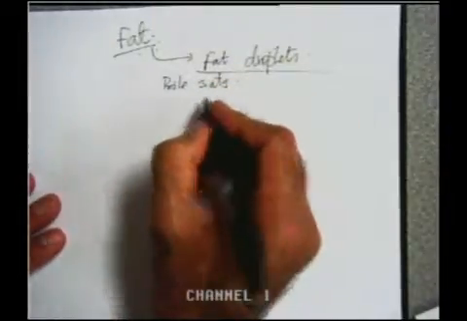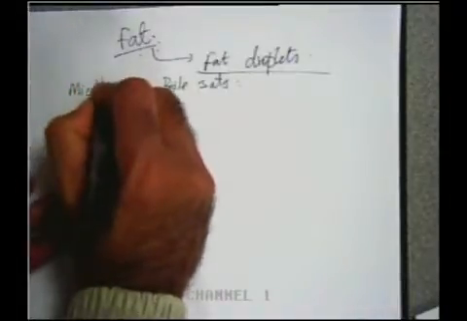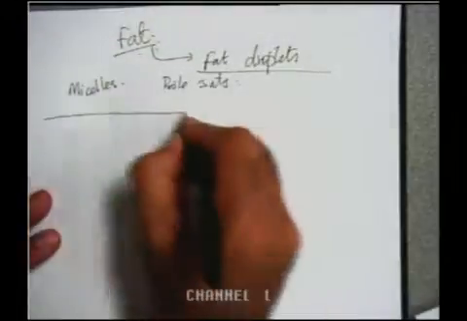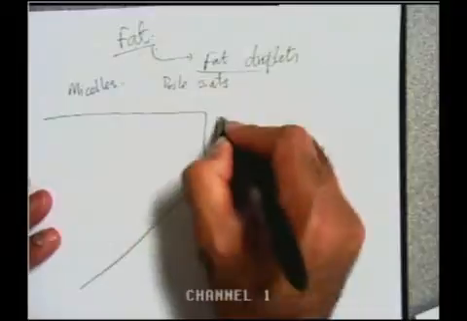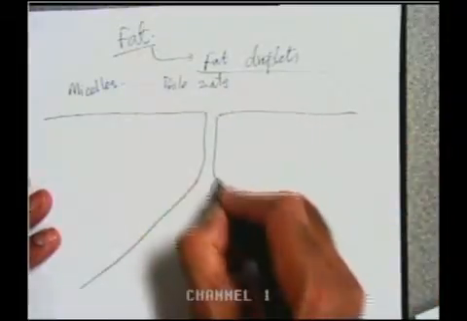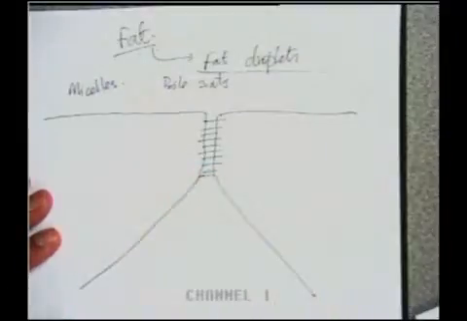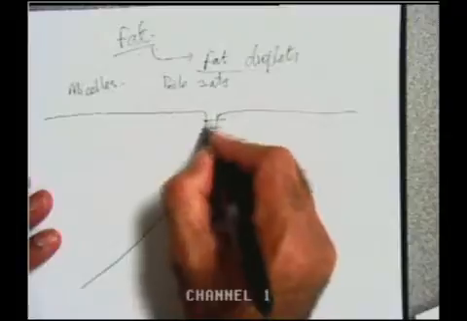Okay, and they form micelles, M-I-C-E-L-L-E-S, micelles. So I draw here again another cell, a part of the cell, and this is another neighboring cell, joined by a tight junction. They are tightly closed by proteins.